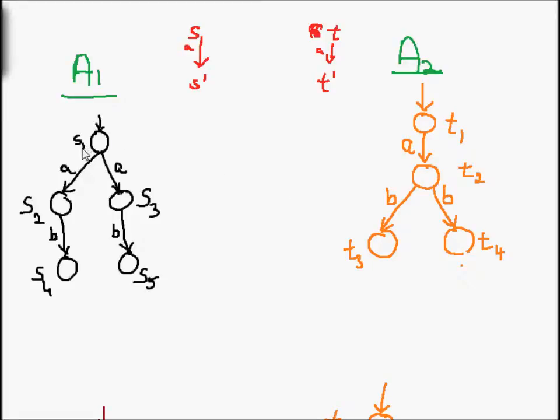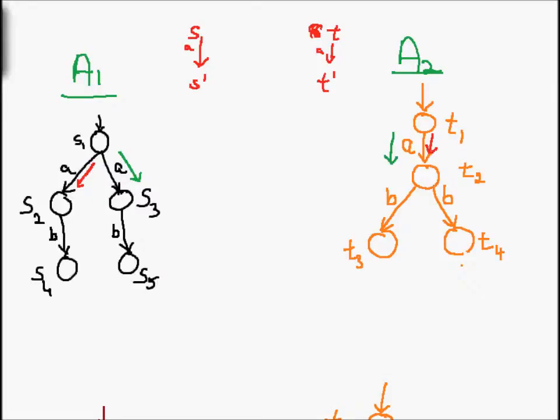So S1 has a transition to S2. T1 has a transition to T2. Okay, so this is done. Then let me change the color. S1 has a transition to S3. T1 has a transition to T2.